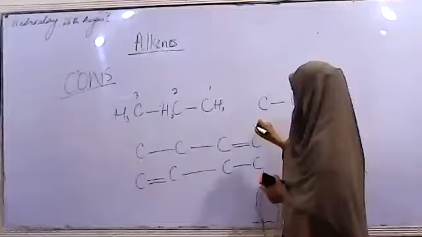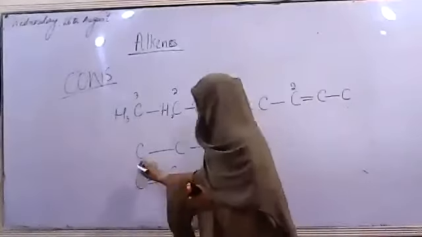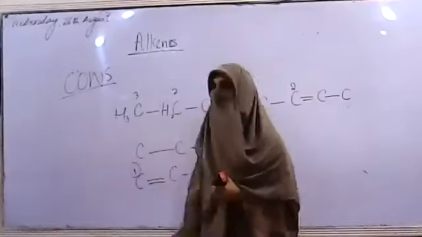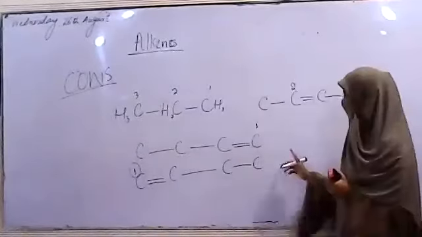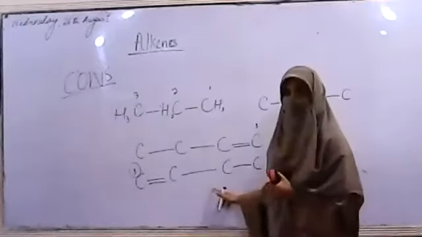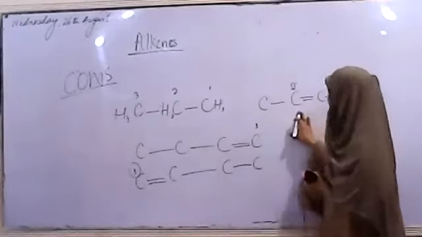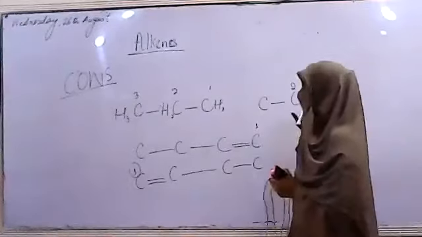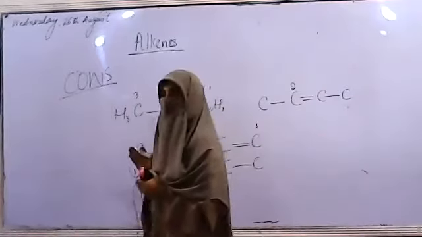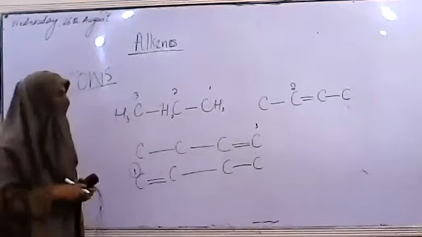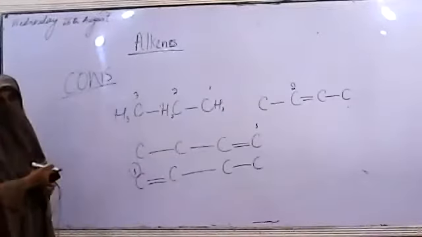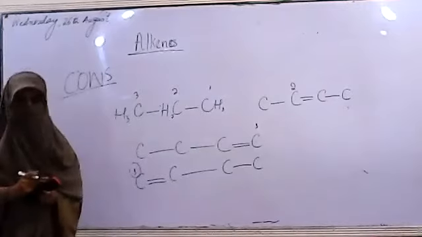It will be 2-butene, and the other will be 1-butene. So we will have two situations of 1-butene and one situation of 2-butene. So we get the phenomenon of isomerism starting from the 4-carbon chain in the case of alkenes.